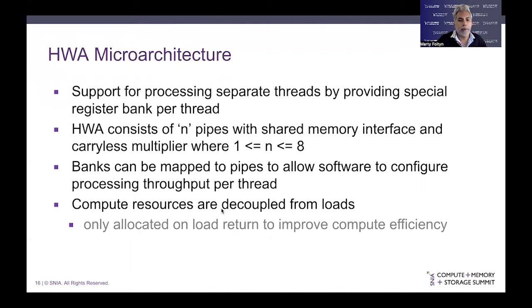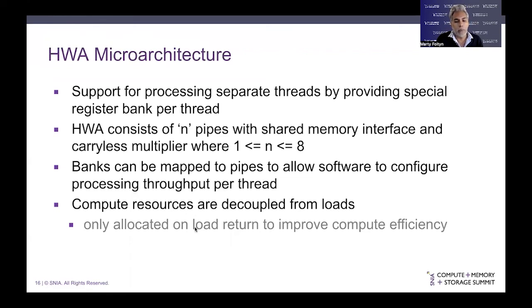One other feature is that compute resources are decoupled from loads. So when loads are issued to the memory subsystem across the pipes, they could be returning out of order. They could have different latencies based on the workload.